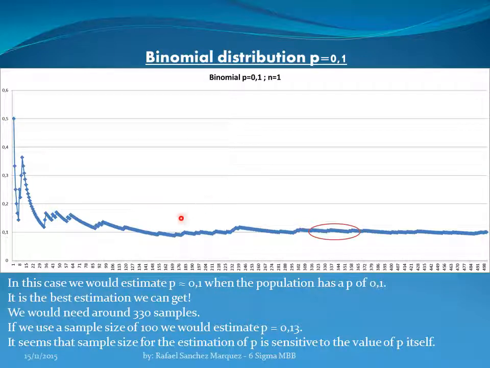Here the graph is telling us to stop more or less when we are over 300 units, and then this would give us more or less the exact value of the parameter. And with the practical rule it is working quite well again, and it would give us 0.13.